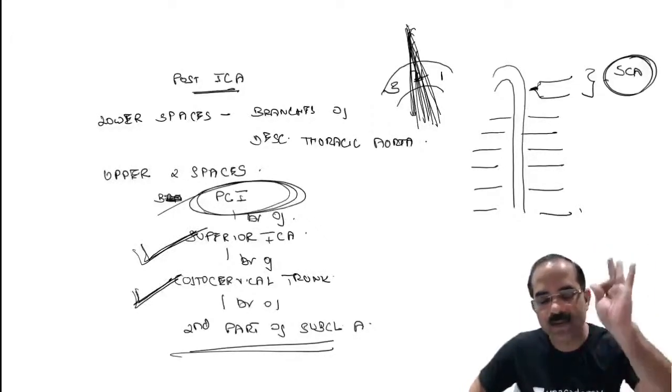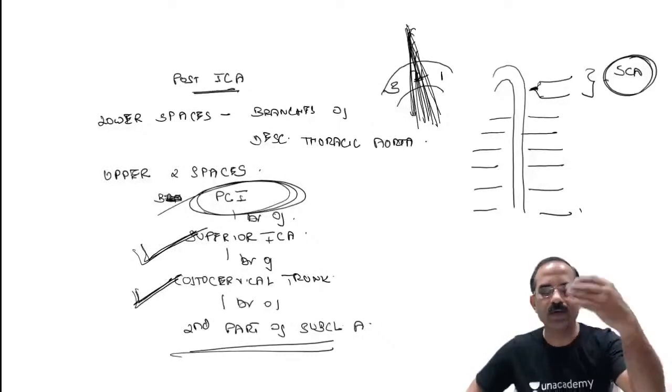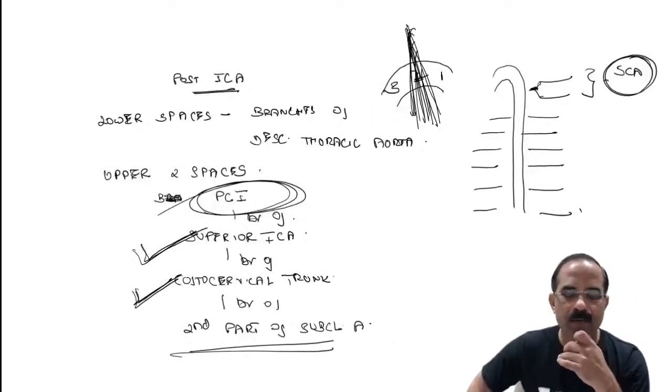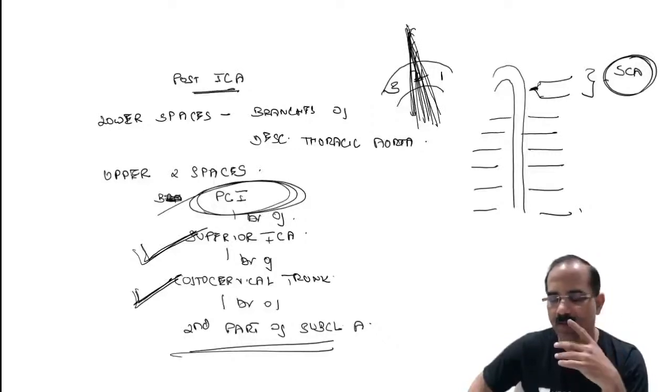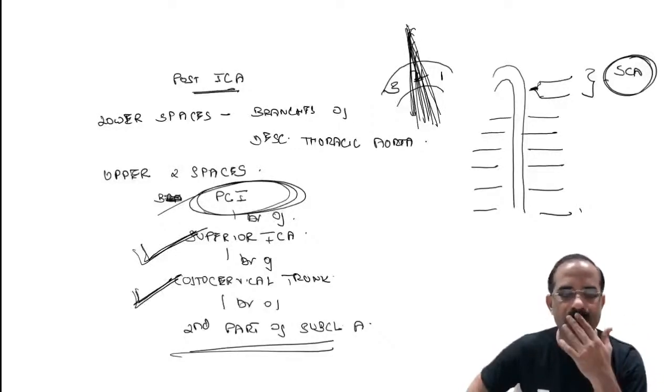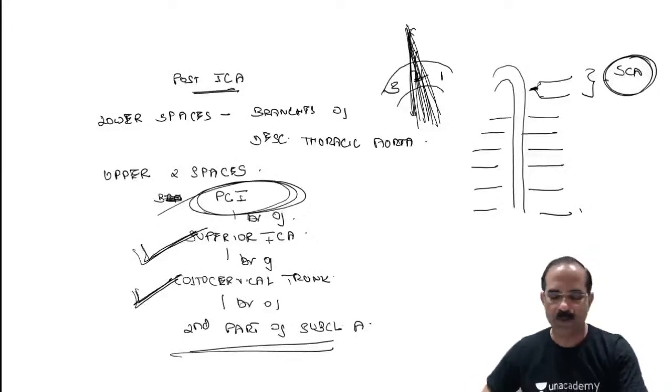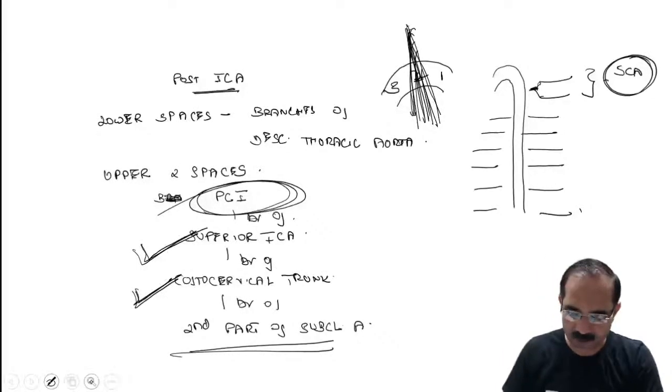The maxillary artery is divided into three parts by a muscle. बोल सकते हो? Maxillary artery is divided into three parts by which muscle?